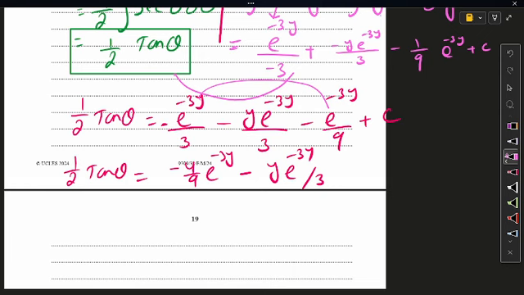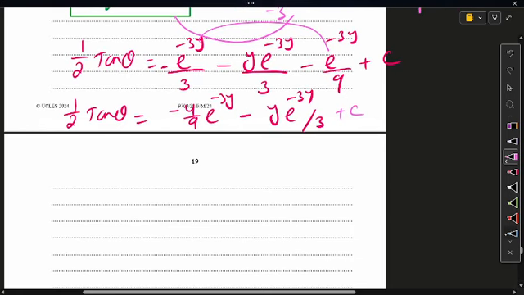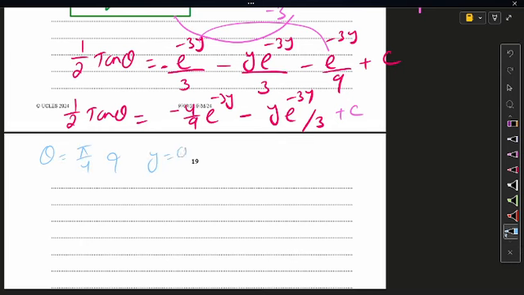And then at the end I have 1 by 2 tangent of theta is minus 4 by 9 e raised to the power minus 3y minus y e raised to the power minus 3y by 3 plus some constant of integration. Now I can use the values of theta to get the final answer. So I write the value of theta as pi by 4 whenever my y value is 0, that is the thing that I already know from the question.